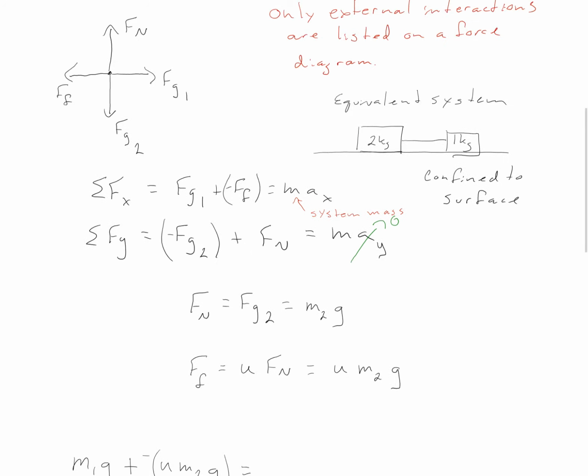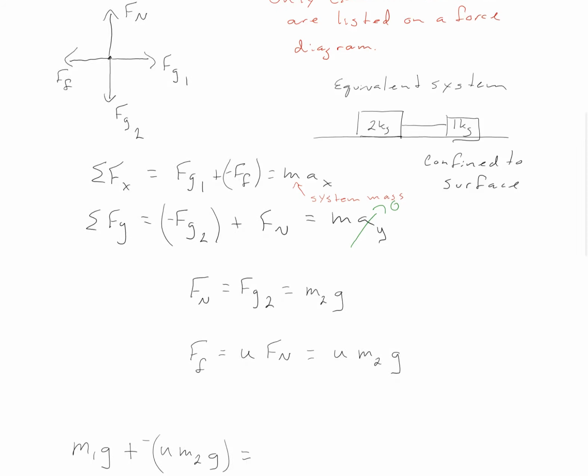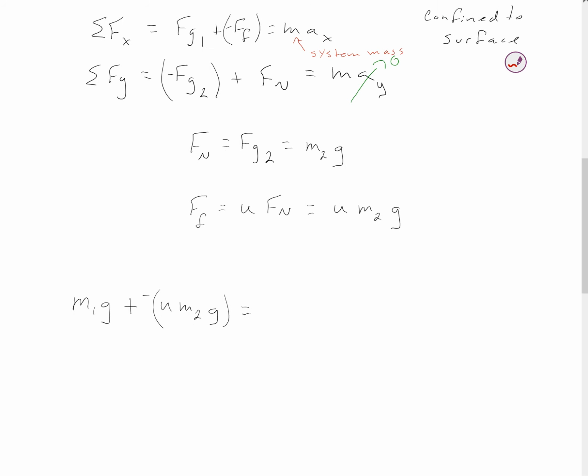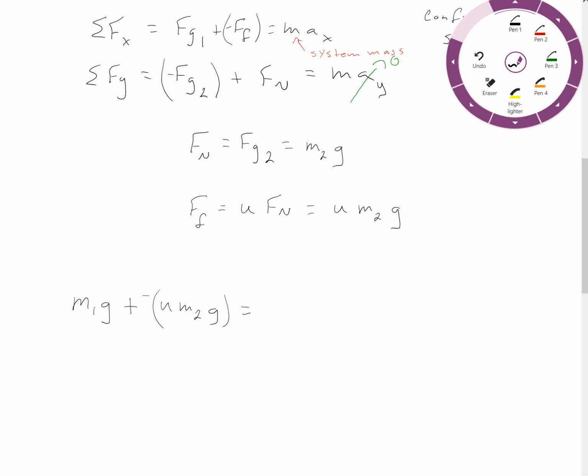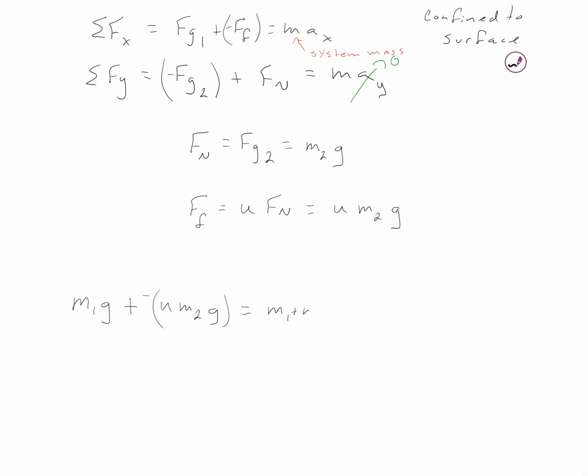The reason it's the system mass is because this equation only applies to the system diagram that I have right there. What that means then is I have m1 plus m2, that's the system mass, times my acceleration in the x direction.